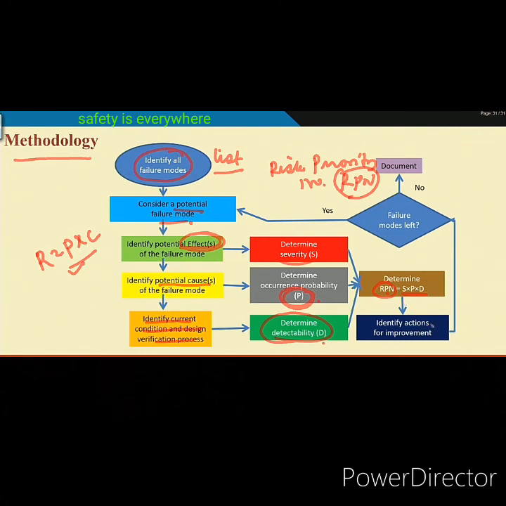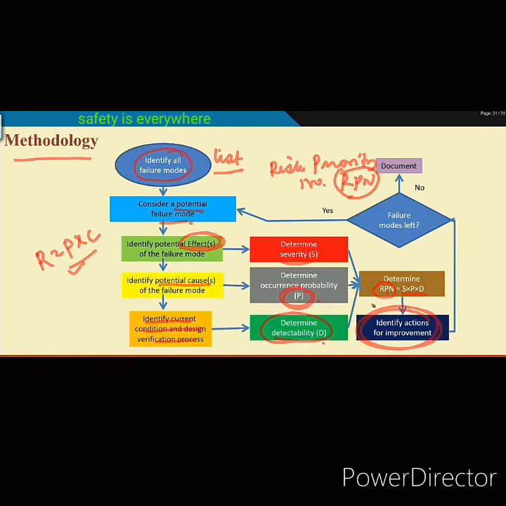Then you talk about action points for improvement, like in HAZOP, once the causes and consequences are known, you recommend something so that this will not happen. Similarly, for every potential failure mode, you have to identify actions for improvement, either in terms of probability of occurrence, severity of the failure modes, or detectability when the failure mode has occurred.